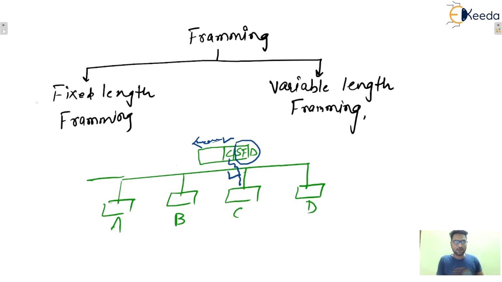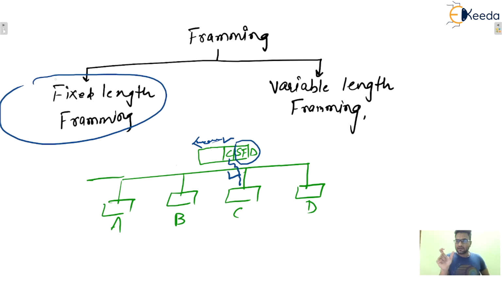If fixed length framing is there, the receiver will know that the size of the frame is fixed. So there is no need to use any flag at the end. Why? Because fixed length framing is there, so the receiver knows the size of the frame.